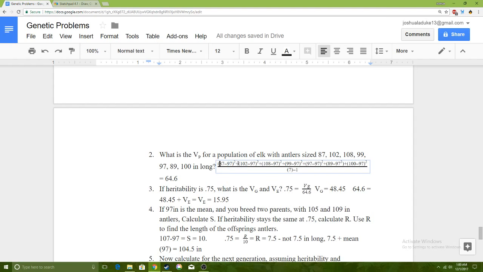Then you take each value measured and subtract the average, square that answer and add it to the next value, and add that to the next value, and so on. Then you divide all of that by the population size minus 1. And that's how you calculate variation. So in this case, the VP value that we got would be 64.6.